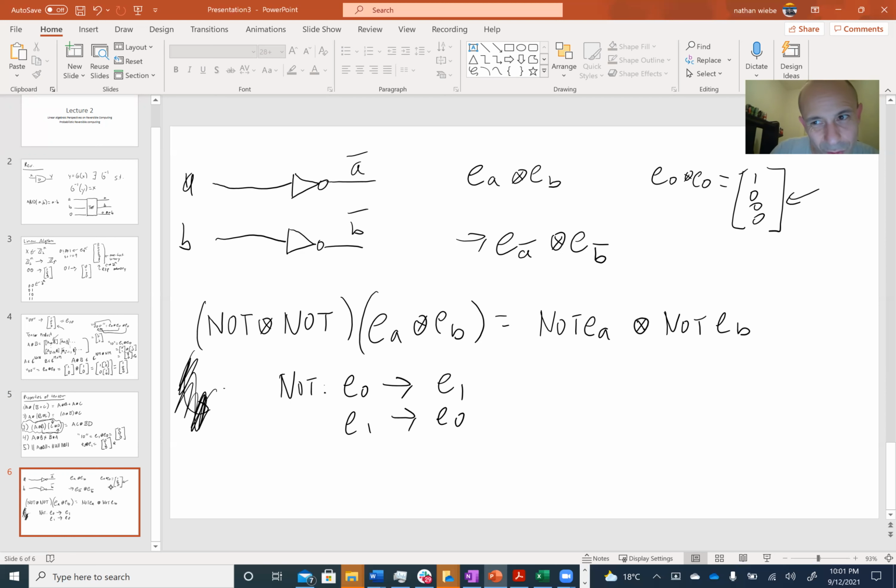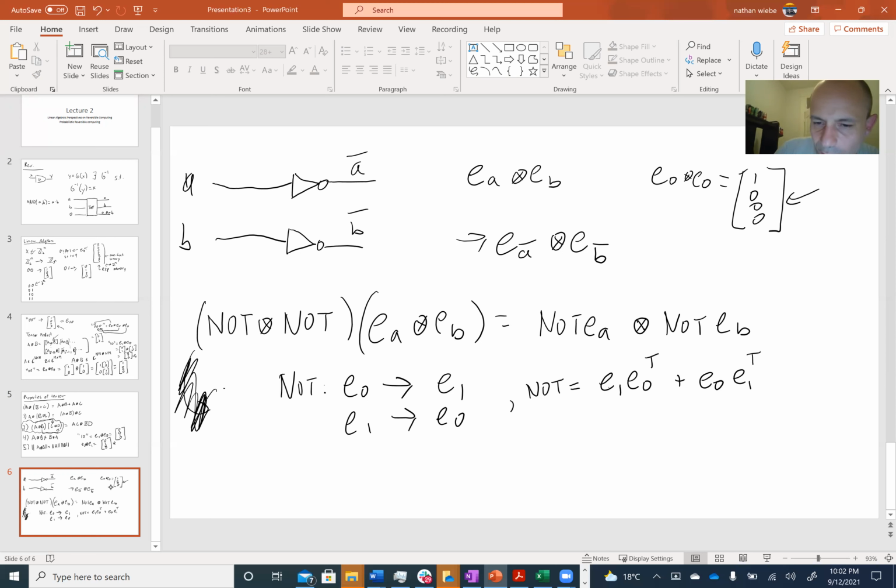So if we just take a look at this truth table, we can express the operator NOT in the following way. NOT is equal to E1 E0 transpose plus E0 E1 transpose.